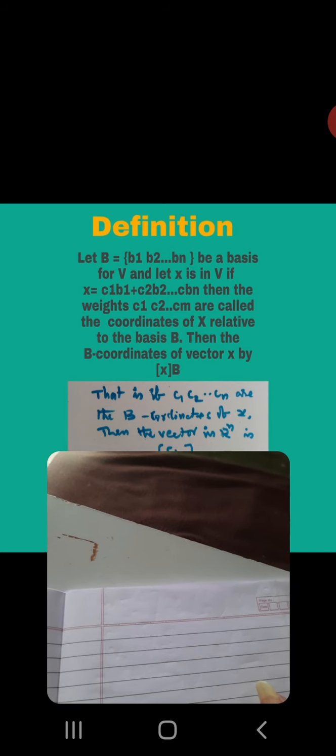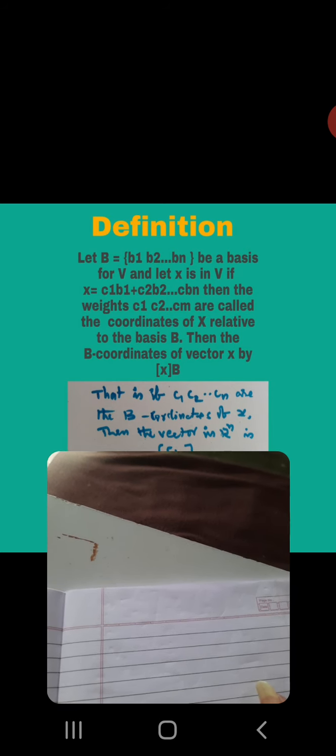See here, you write X as one of the linear combinations, C1 V1 plus C2 V2 plus ... plus Cn Vn. That exists, no doubt at all. B1, B2, ..., Bn are vectors, no doubt at all. What about C1, C2, ..., Cn?